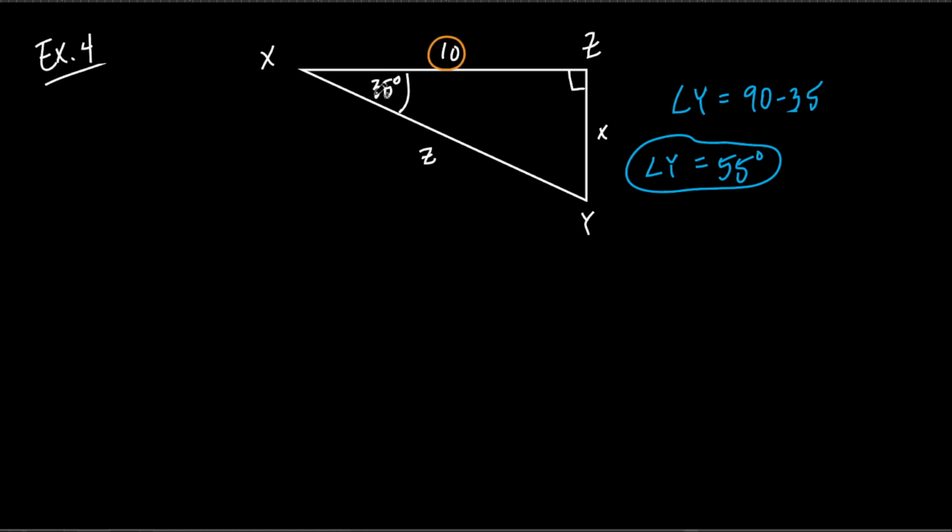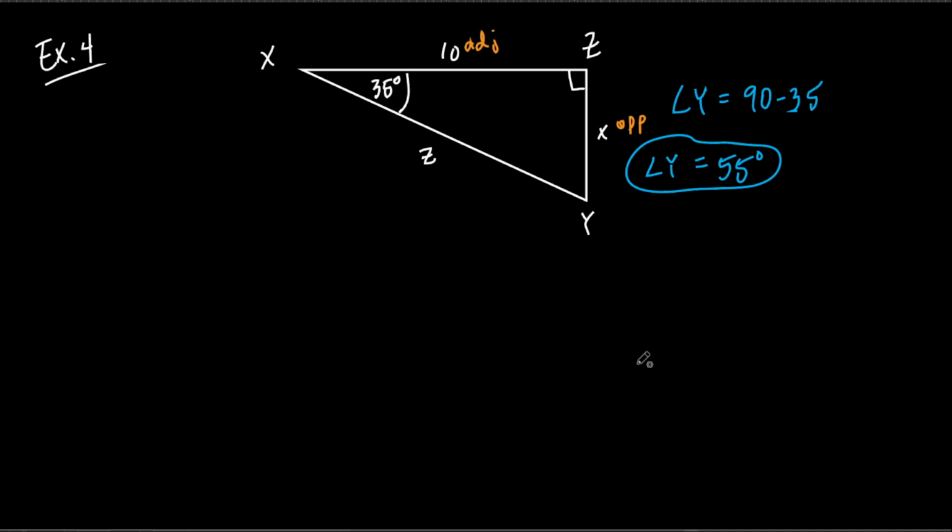This is adjacent. It's next to it. This would be opposite, wouldn't it? What is the z? It's the hypotenuse. This is adjacent. What is the x? Opposite. So I've got opposite and I've got adjacent.